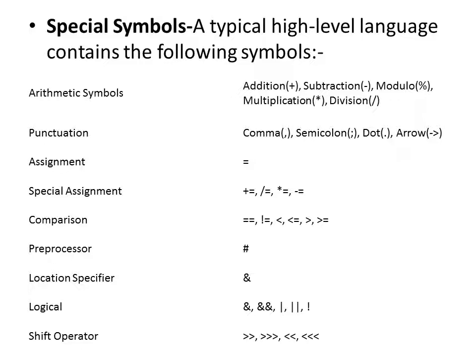And logical symbols: ampersand symbol is the and symbol, double ampersand symbol, pipeline operator, double pipeline operator, and exclamatory symbol. Shift operators, we have double greater than, triple greater than, double less than, and triple less than. So these are the special symbols in the high level language.